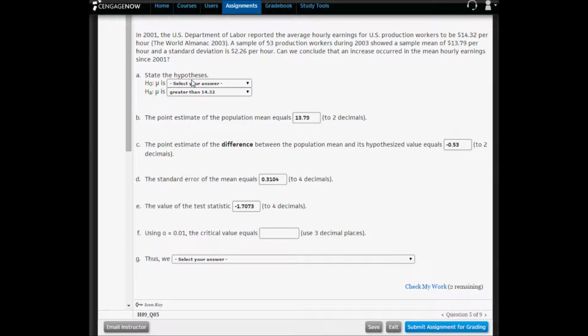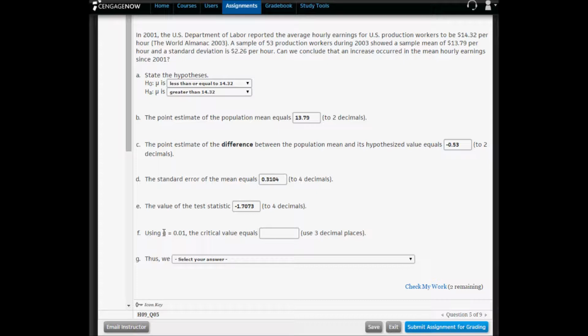So if this is the alternative hypothesis, the null hypothesis is mu is less than or equal to 14.32. Now we have to find the critical value. Since this is an upper tail test, because the alternative hypothesis is saying mu is greater than 14.32, we don't divide the alpha by 2. We divide it by 1 because it's a one-tailed test.